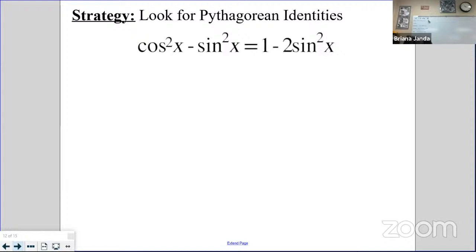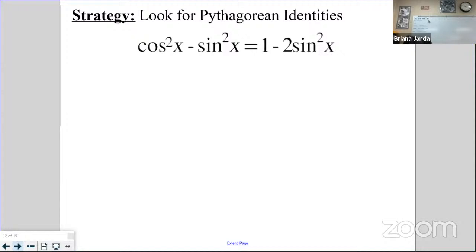So how would I make my decision at this point? I will tell you that it is going to be easier to go from multiple trig functions down to 1 than it is to introduce a trig function when it's not there. So with that being said, I would work with the left-hand side on this equation because it's going to be easier to move towards one trig function than to add a trig function that's not there.